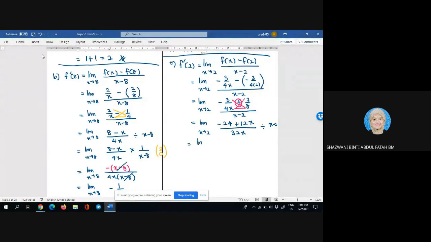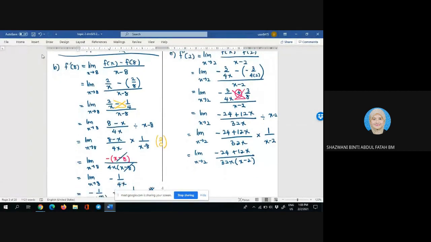So limit x approaches to 2, negative 24 plus 12x over 32x. Division changes to multiplication, so 1 over x minus 2. So limit x approaches to 2, this one becomes negative 24 plus 12x over 32x times x minus 2. No need to expand.